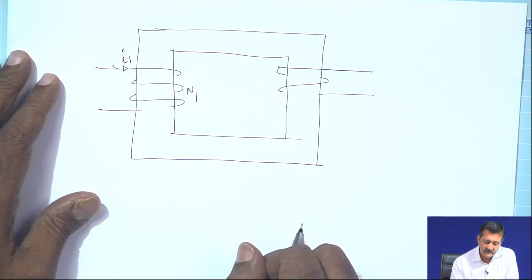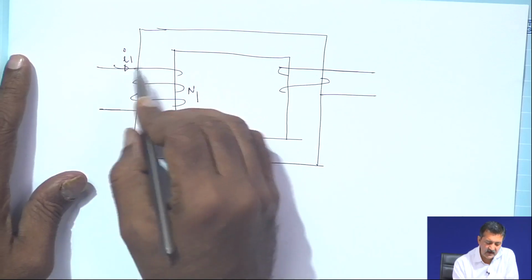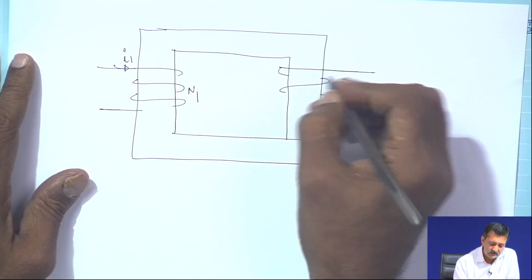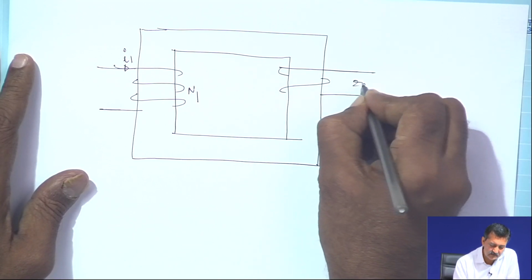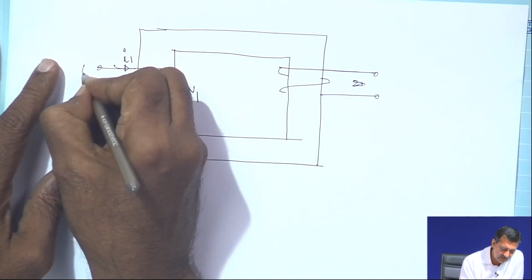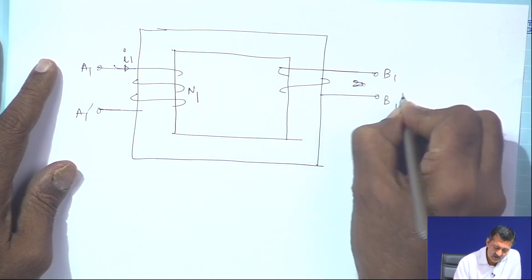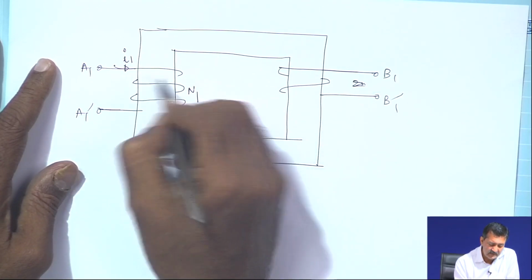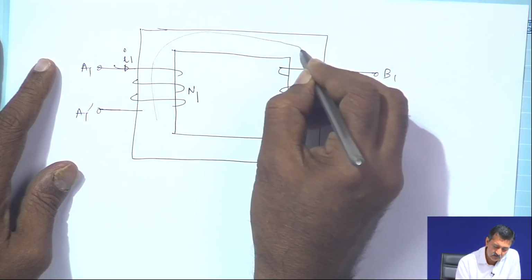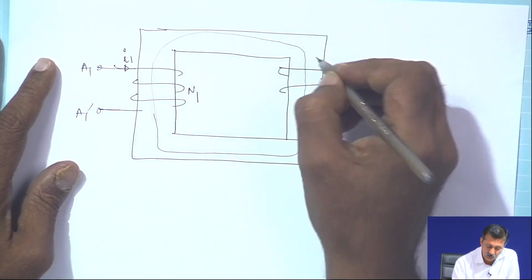Our basic electromagnetic law will say that, let us consider only this current here, and not immediately consider the current in the second coil. This is the second coil, and this is the first coil. This we named as A1 dash, and this we named as B1 dash. And when there is a current in this coil, as we have seen, these flux lines are created within the core.